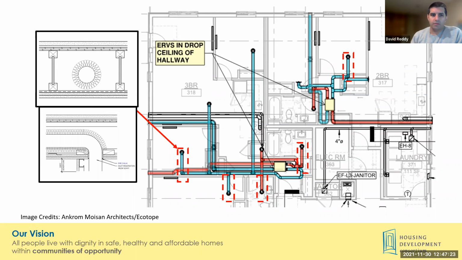But where you do have to, this is an example of what was done in this project: wrap the ducts in fire rated blanket, and then anywhere it does penetrate, those penetrations are sealed.